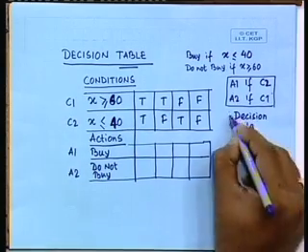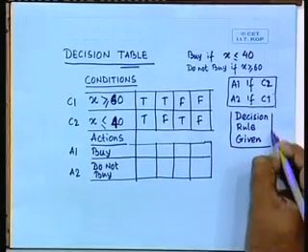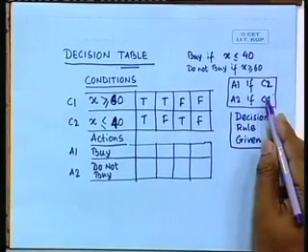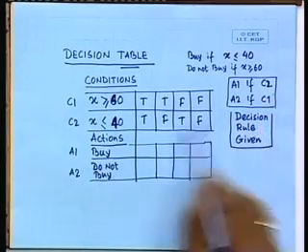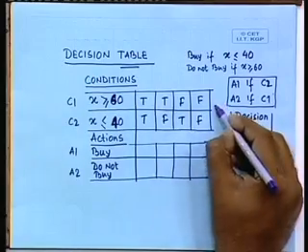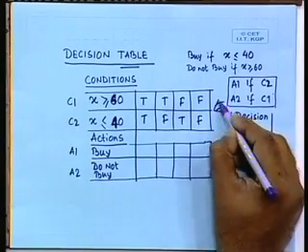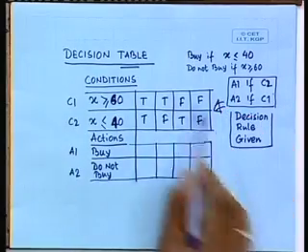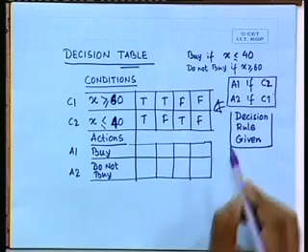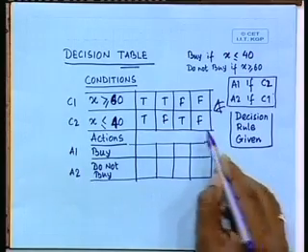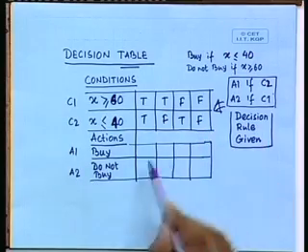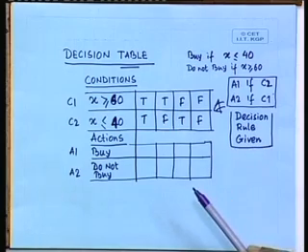This is our starting point. Using this starting point, we have developed this decision table. Now, let us see what we find when we try to use this decision rule.